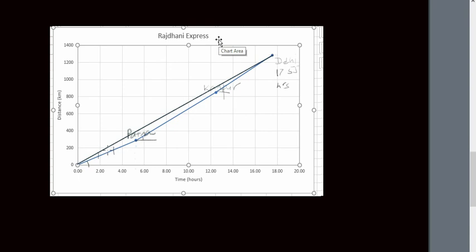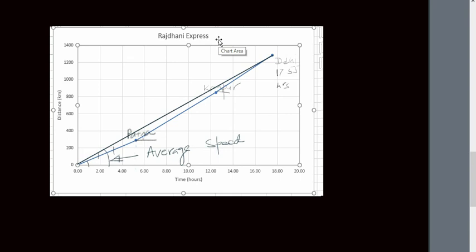So this slope, this is average speed. So the train may not be moving at a constant speed, but when you draw a straight line, this is called average speed.